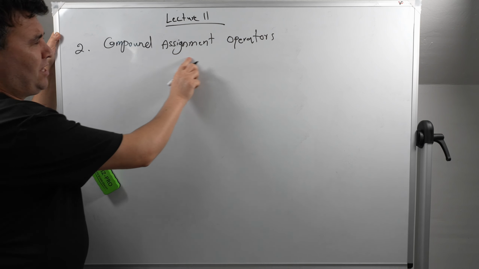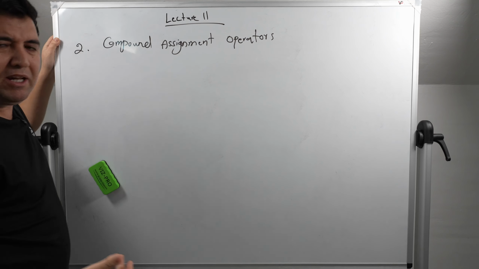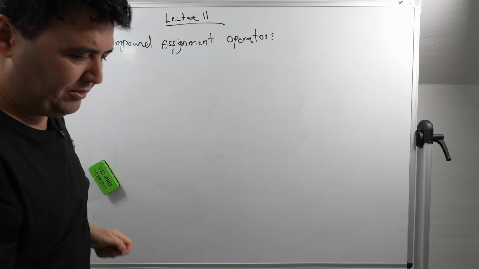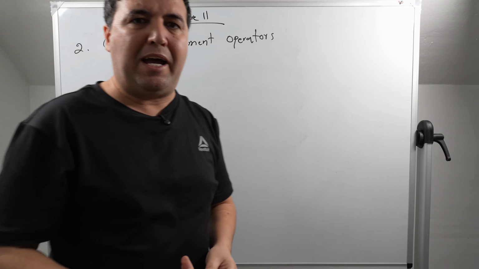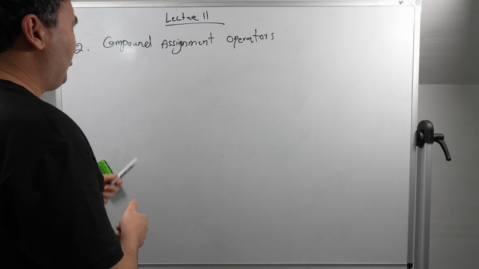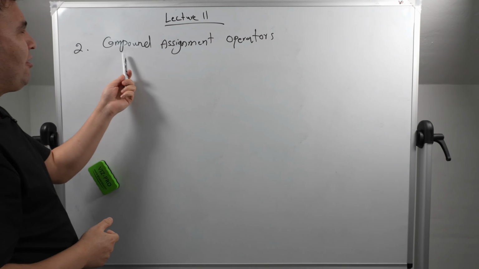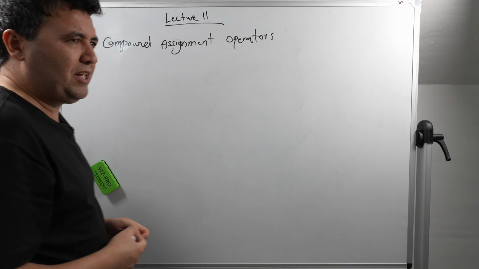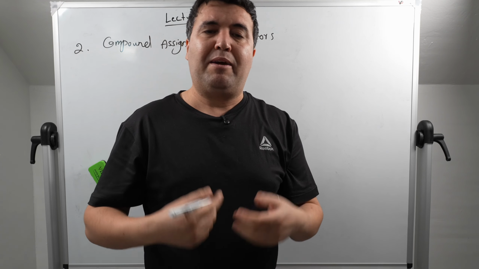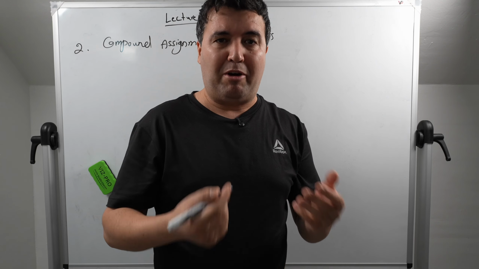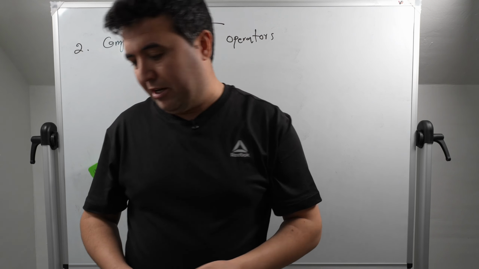Compound assignment operators are also used in C++ to store values inside variables. But besides that, it's a combination of simple arithmetic operators like addition, subtraction, multiplication, division, modulus, with assignment operators.